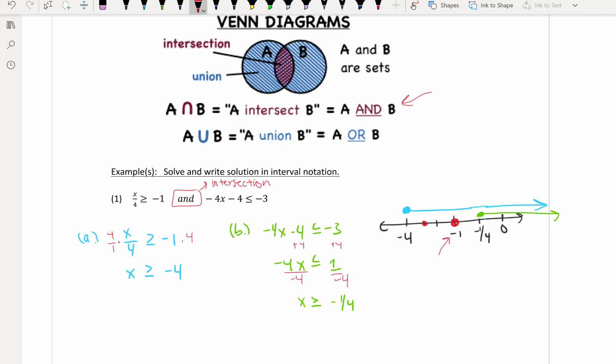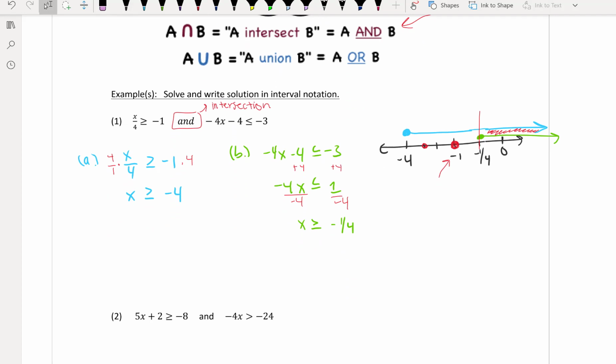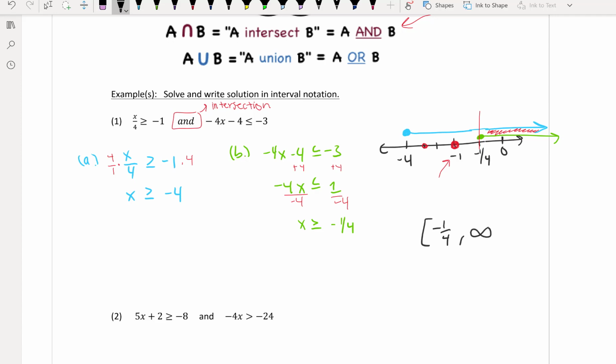When do the blue and the green overlap? They overlap in this section starting at negative 1/4. So the intersection, that "and," is written as follows: my solution starts at negative 1/4, a closed filled in circle, and goes off to positive infinity.